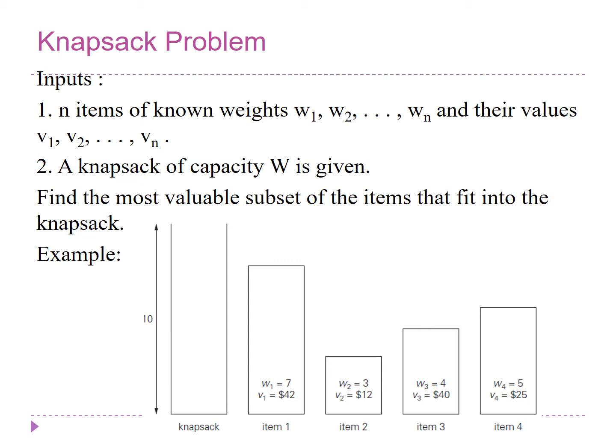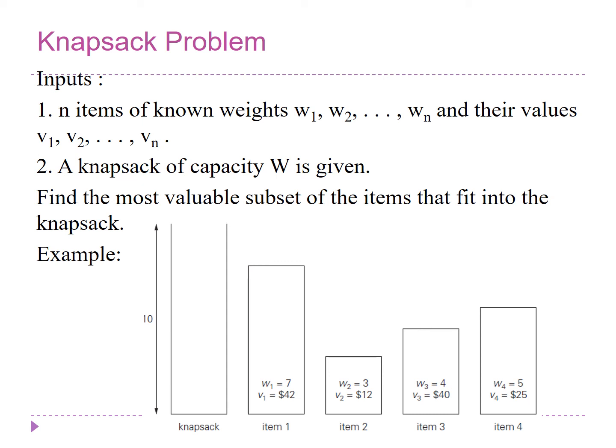A knapsack of weight 10 is taken. The problem contains 4 items and each item has a weight and a value. The weight of item 1 is 7 and its value is $42. The weight of item 2 is 3 and its value is $12.